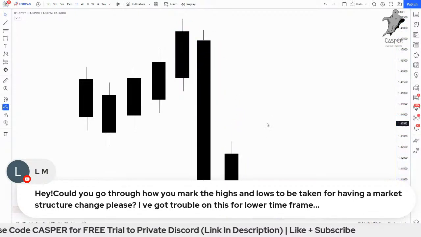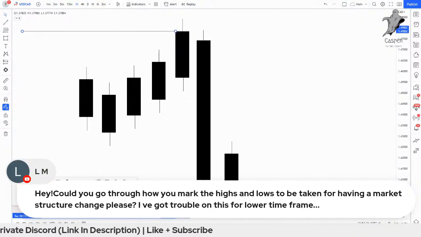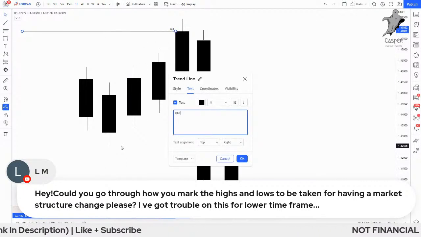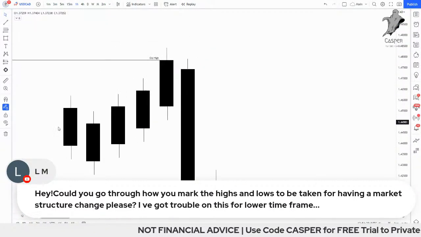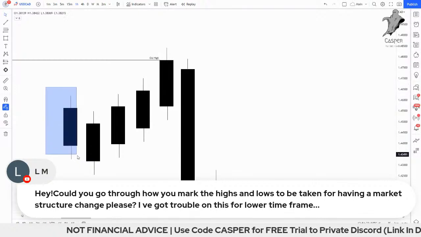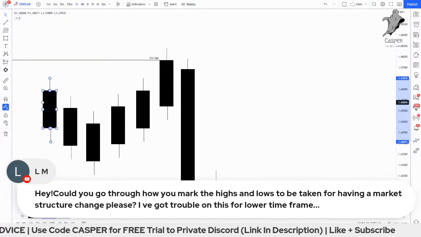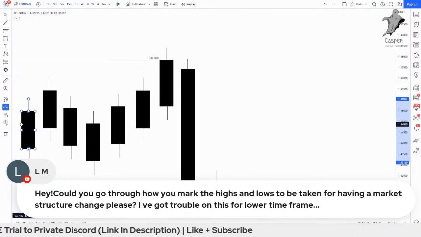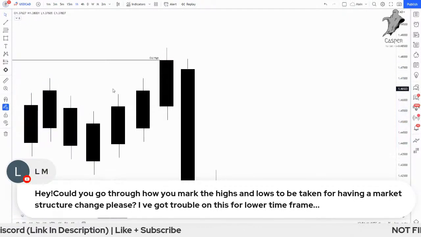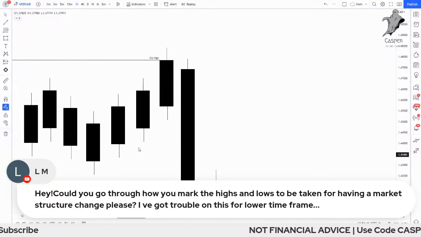So let's just say we are at an old high right here. Taking the old high, and I'll even make it a little bit cleaner for you. That's probably good enough. So we look here and we want to see which one of these lows needs to get taken.